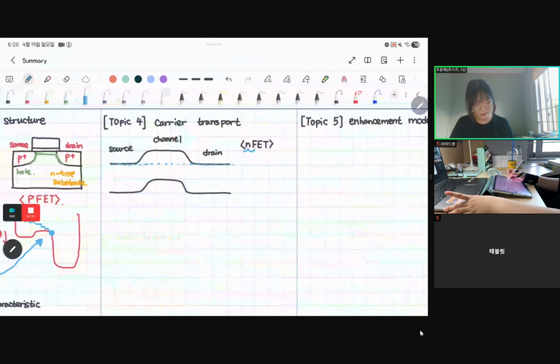And this is an N-MOSFET because the source and drain are heavily doped N-type, and in this part you can see the built-in potential.